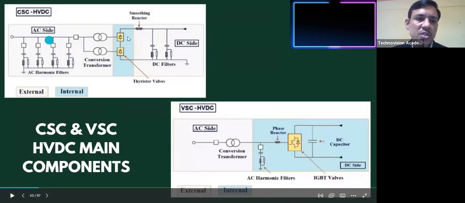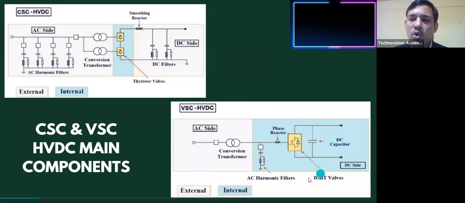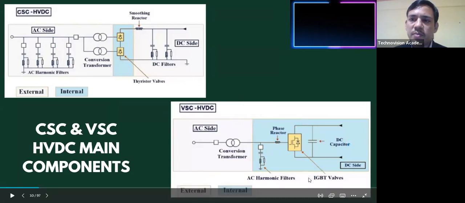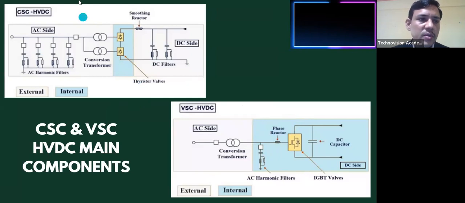So this is the current source converter technology, and this is the voltage source converter technology. Here, if you see, this is the indoor area. Generally, for the current source converter, the valves are indoor and other equipment is outdoor.